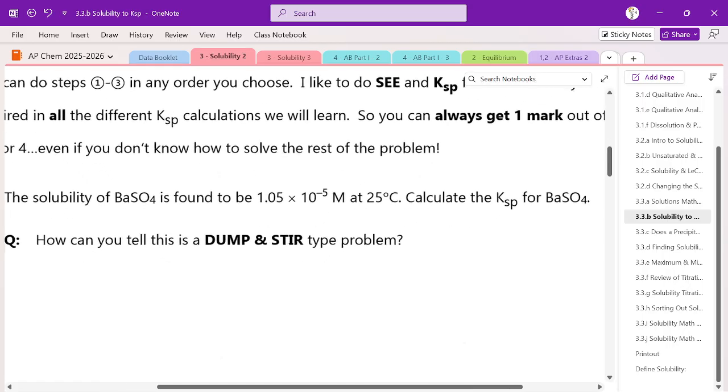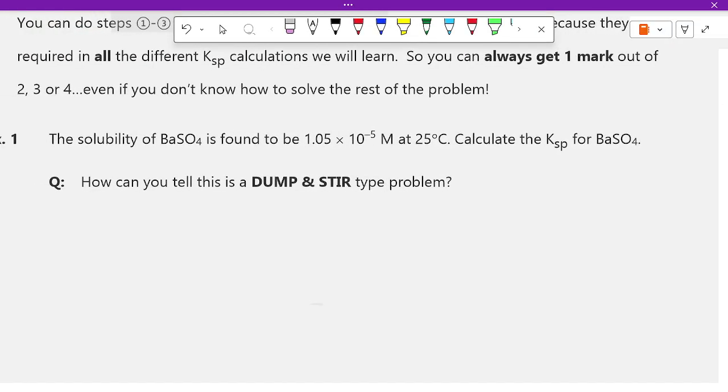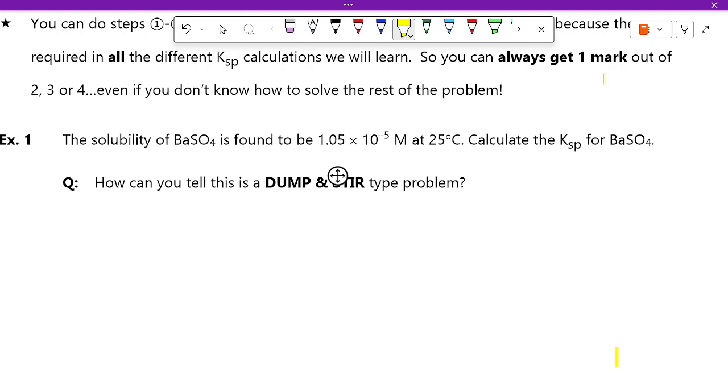Okay. So let's say we have here the solubility of barium sulfate is found to be 1.0 times 10 to the minus 5 molar at 25 degrees Celsius. Calculate the KSP for BaSO4. How can we tell that this is a dump and stir type problem? We're only talking about one substance, right?